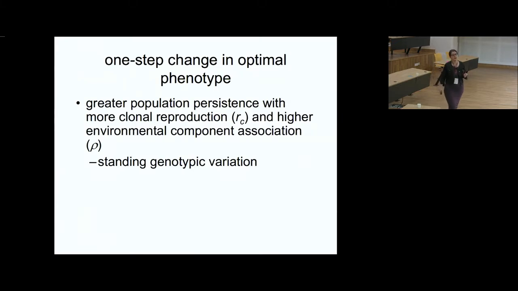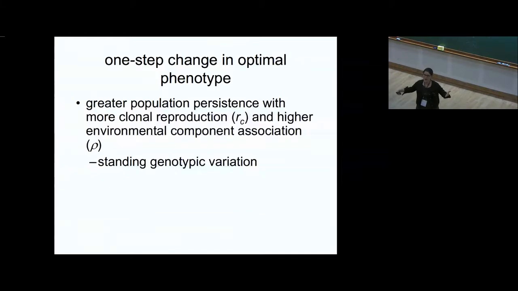And if you think about it, it sort of makes sense. This is a single change that occurs in the optimum. And even though there's mutation in these simulations, for a single change, that population, if it's going to evolve, is going to evolve from the variation that's existing at the moment that the change happens, the standing genotypic variation.